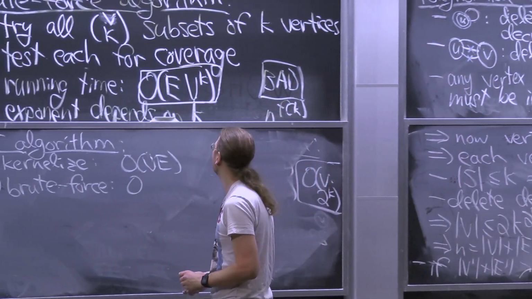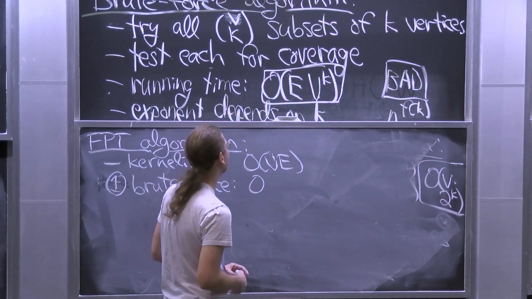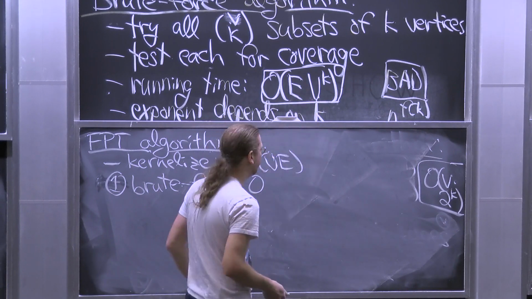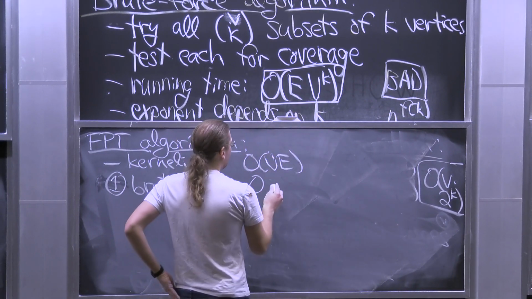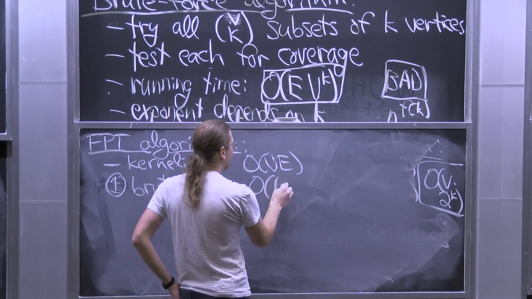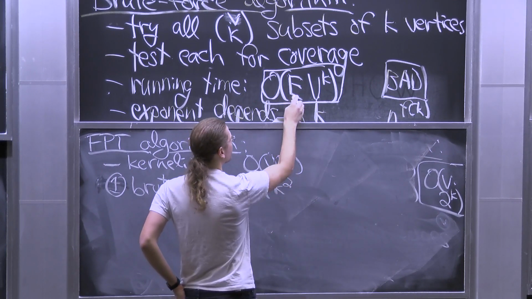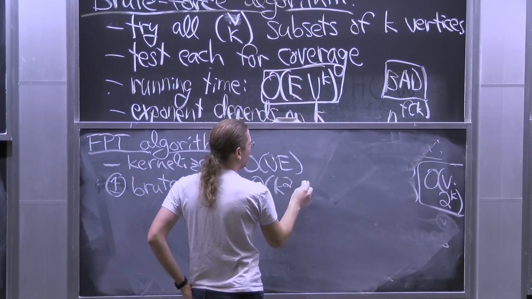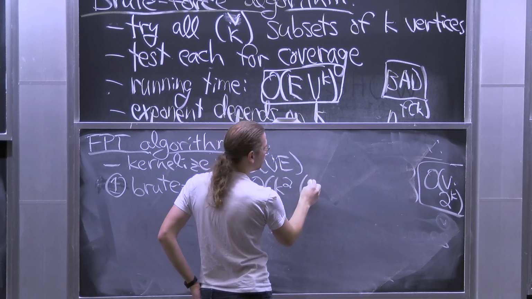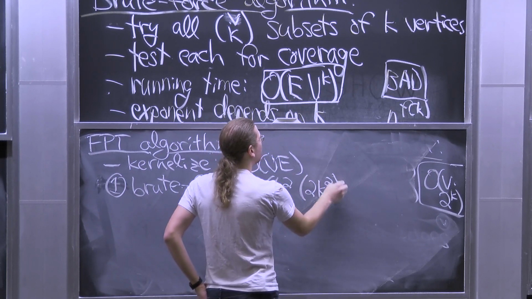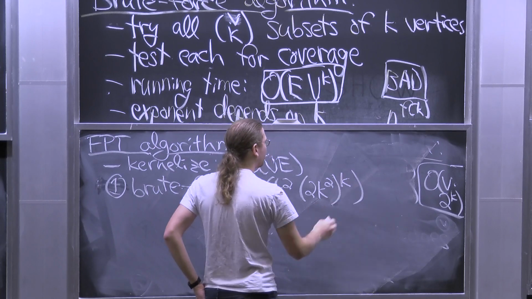I do have to worry about constants here because it's in the base of an exponent. So we're going to get k squared for the E term. And then the V term is going to be 2 times k squared. And then that's going to be raised to the kth power.